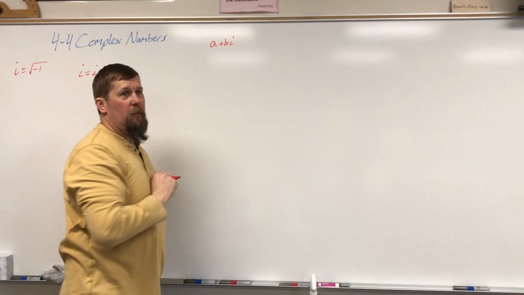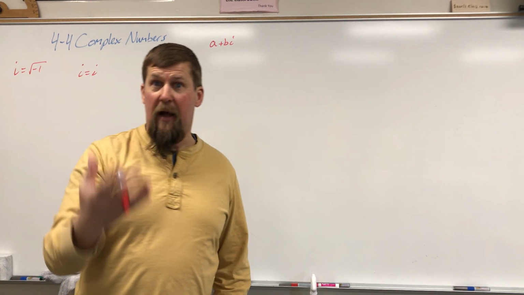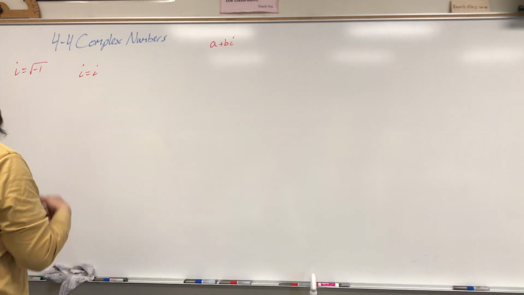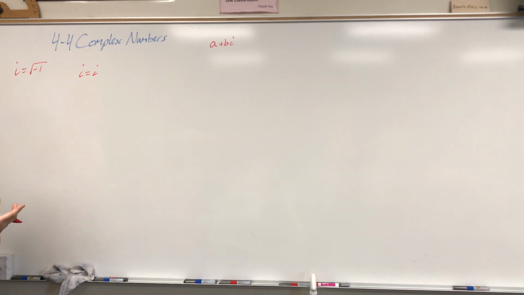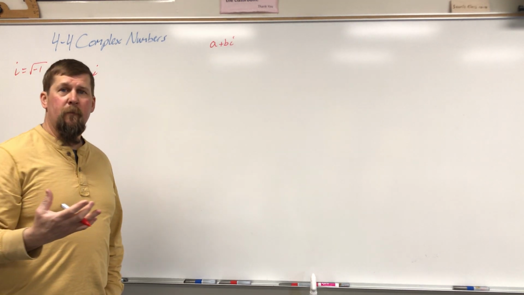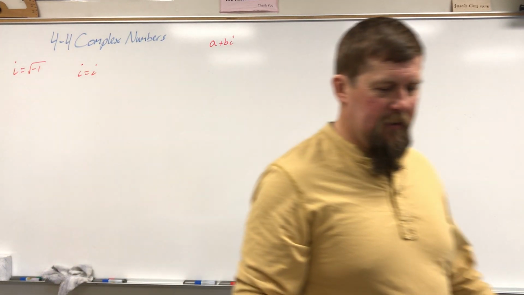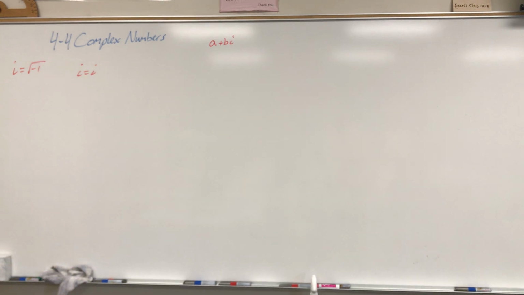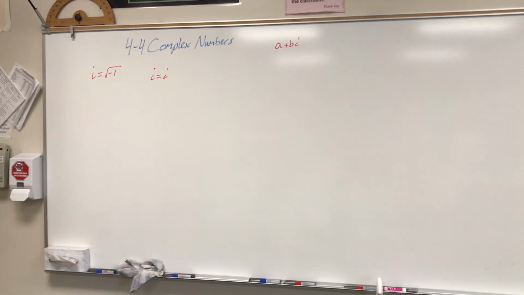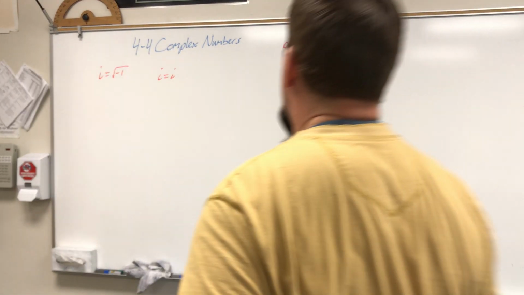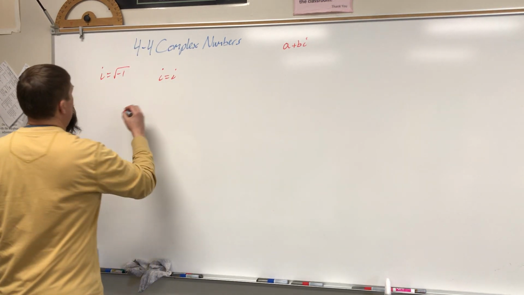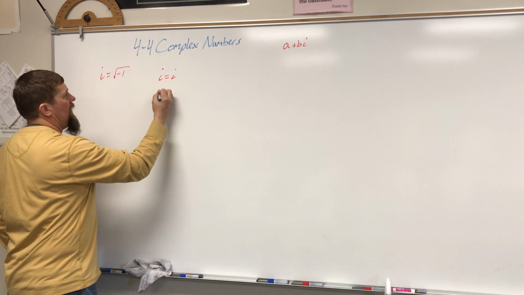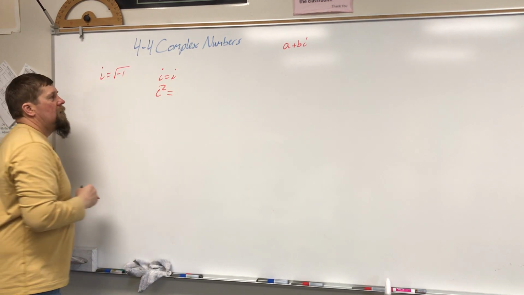So there is no number that has i to a power other than 1. And so what we want to do is write every number in terms of i to a power of 1. Okay, so what would you think i squared is?